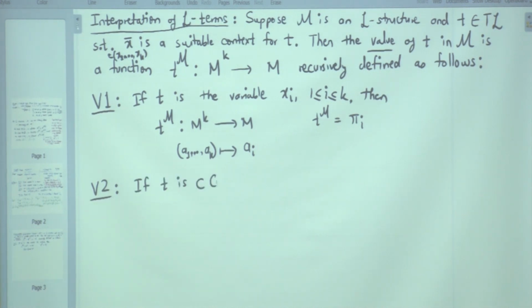If t is c belonging to K, then t^M from M to the power k to M takes (a1, a2, ..., ak), some k-tuple, and what should it map it to? Not c, c is a symbol. It maps to c^M. c^M is an element in our structure, so we simply map it to its interpretation.